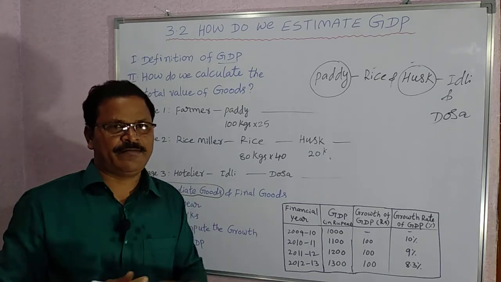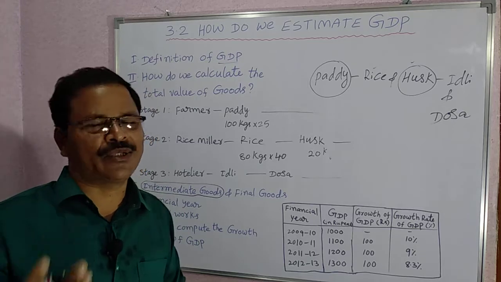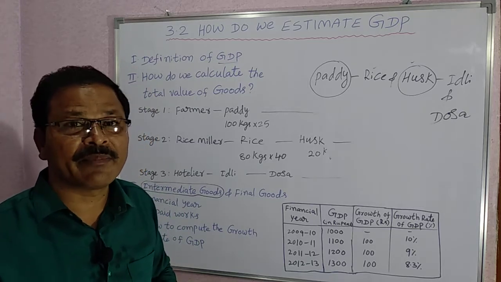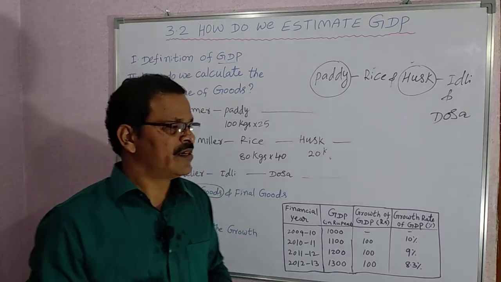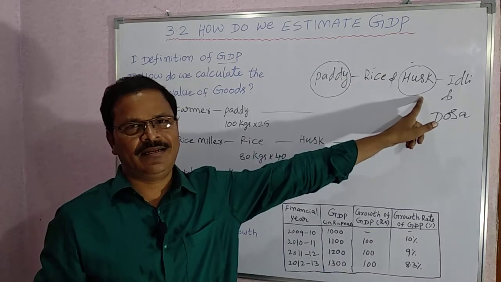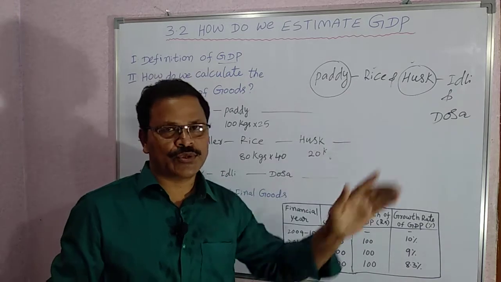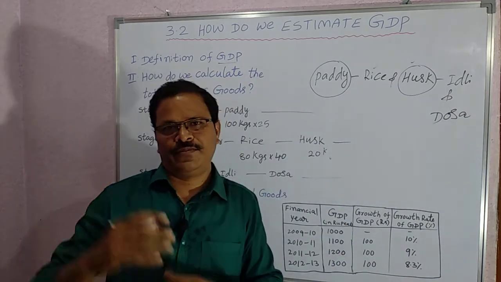I am repeating this: the goods which are used to produce another goods are called intermediate goods. In this situation, paddy, rice and husk are the intermediate goods. These are used to produce another goods.